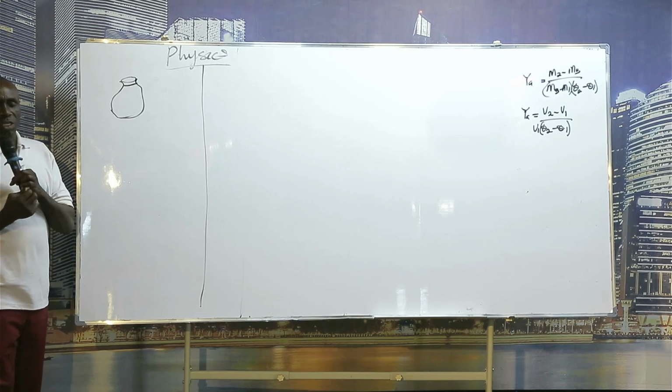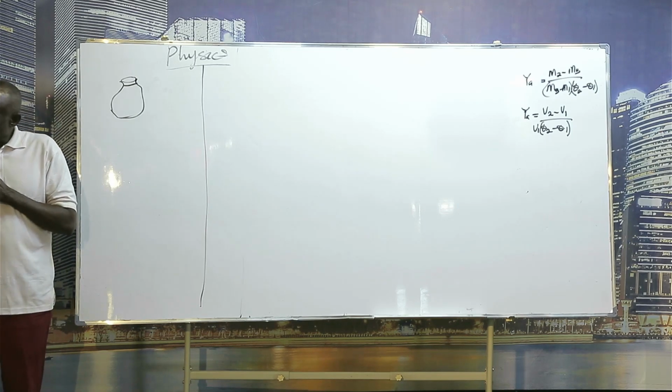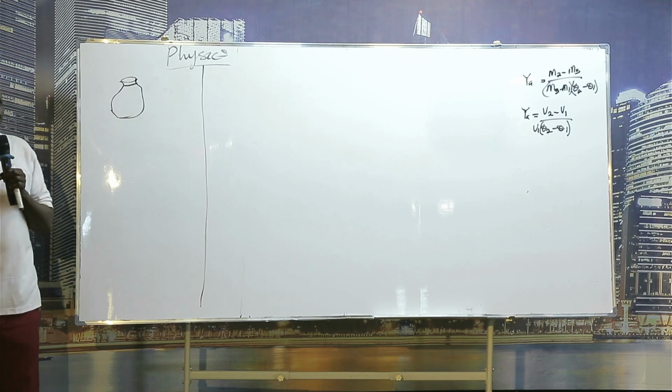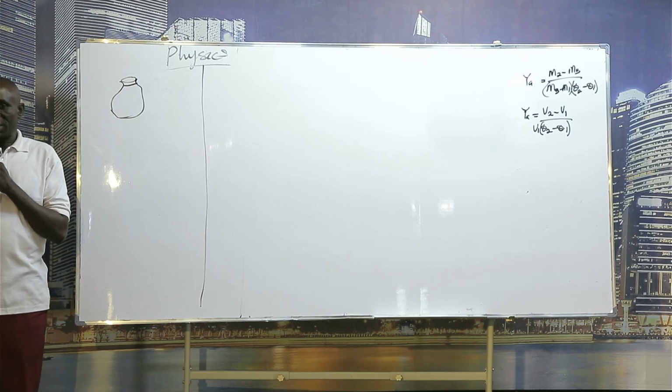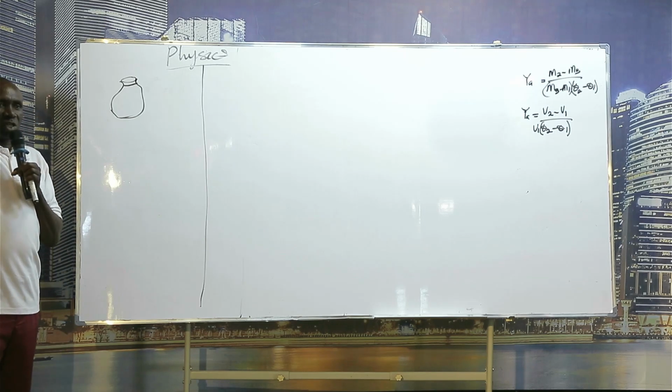All bottles, for example drug bottles, have a mark to give the volume. So every bottle has a graduation mark. This is the point where you fill the liquid up to.